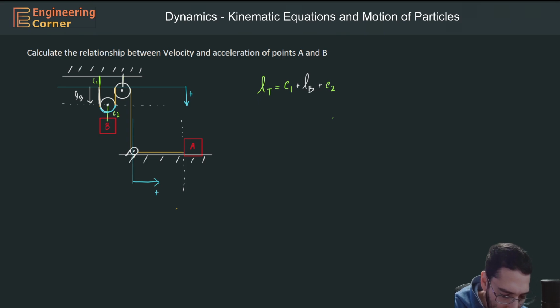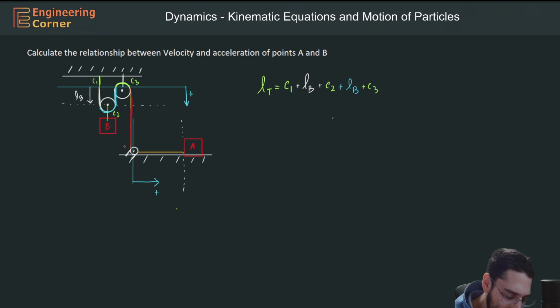Okay, now I come back up, and this distance right here is also LB. So this is going to be plus LB. Now I'm going to go back around this pulley. I'm going to call this C3. So plus C3. And I'm going to now go down right here.